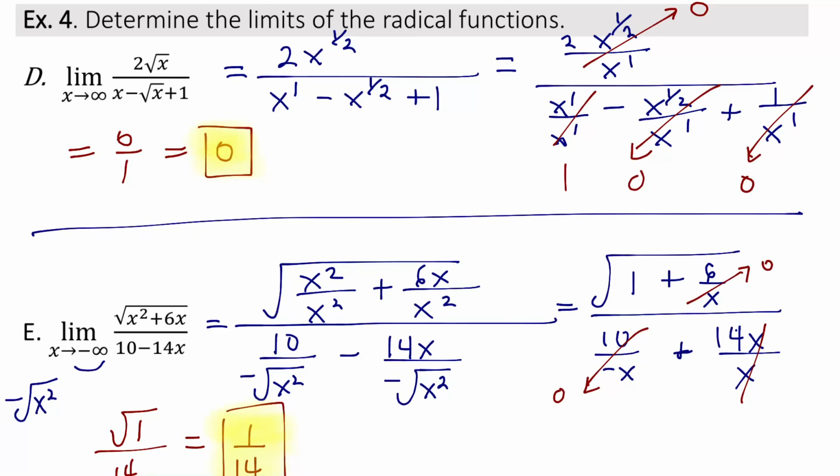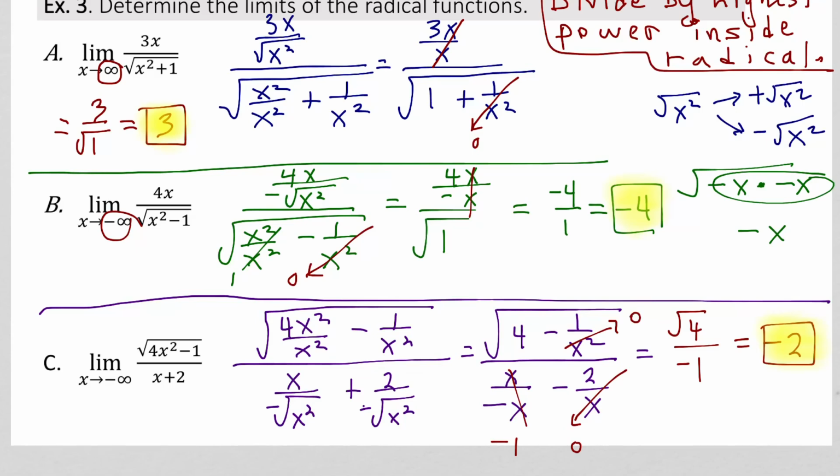And then in the other square root problems, the same idea: horizontal asymptote of 3 as x approaches infinity, horizontal asymptote of negative 4 as x approaches negative infinity, and negative 2 as x approaches negative infinity.